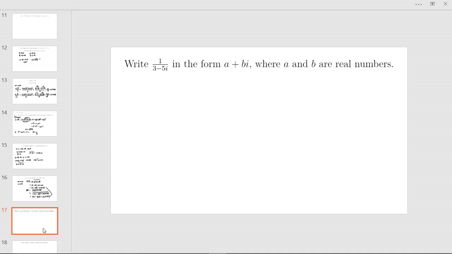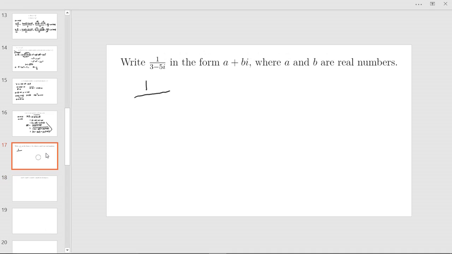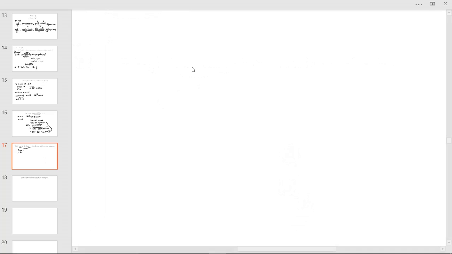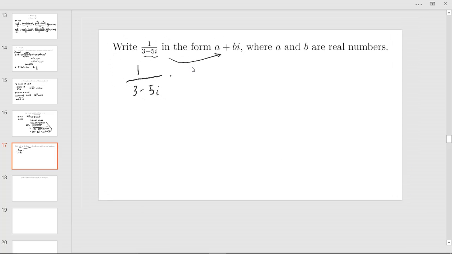Okay, now we will have a look at this problem. So we want to write 1 over 3 minus 5i in the form a plus bi. To do this, in general, when you want to convert a fraction like this into the form a plus bi, we multiply by the conjugate of the denominator.